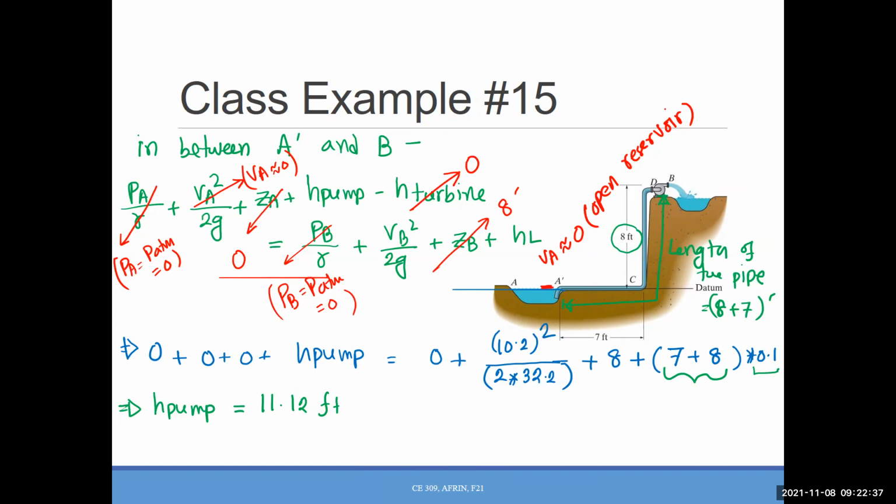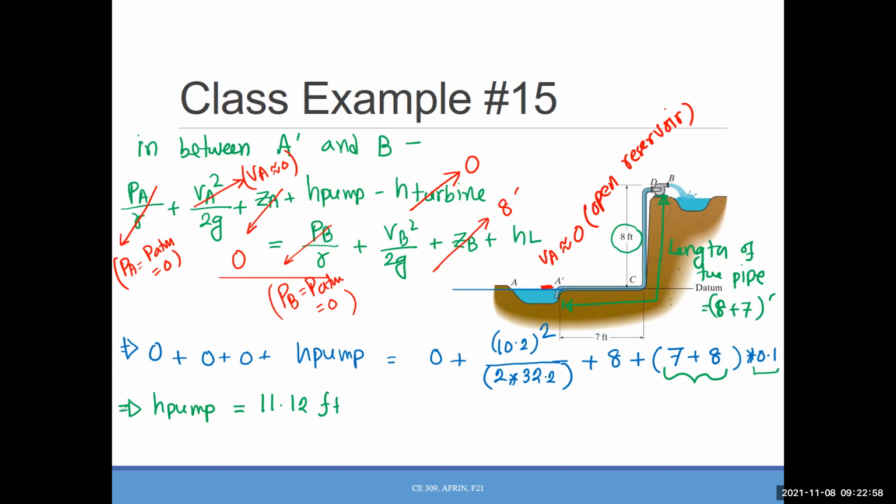Not gravity, friction, because the pump has to overcome friction and then it has to lift water these 8 feet. That's why, whenever there is a head loss, the pump head will be higher than the actual depth it is lifting the water.